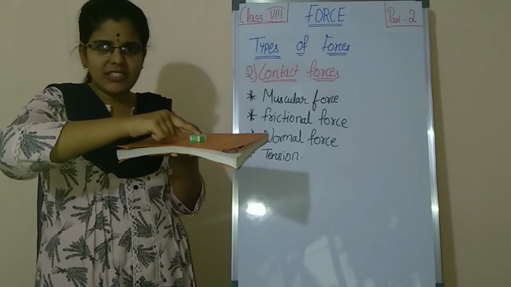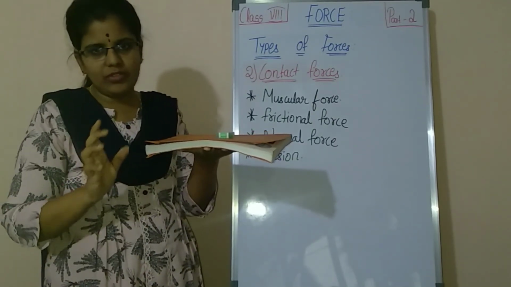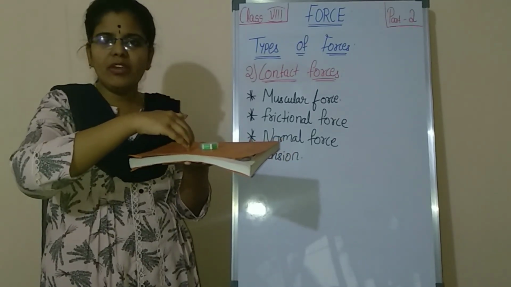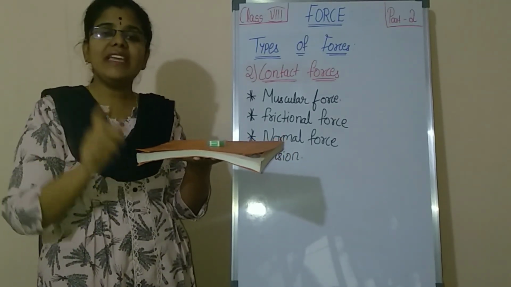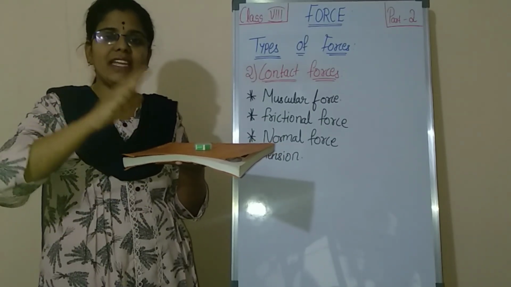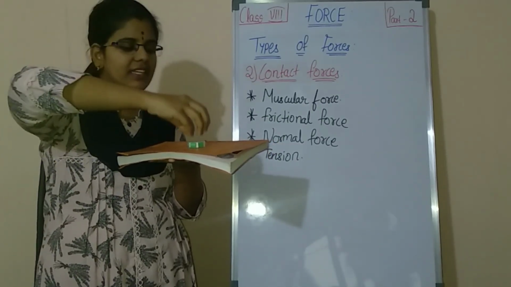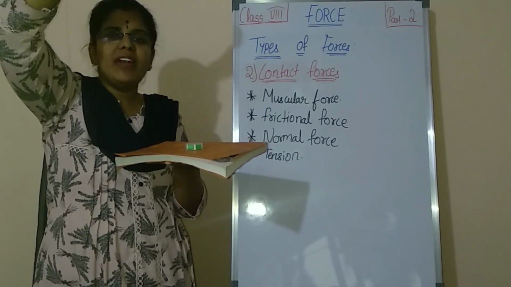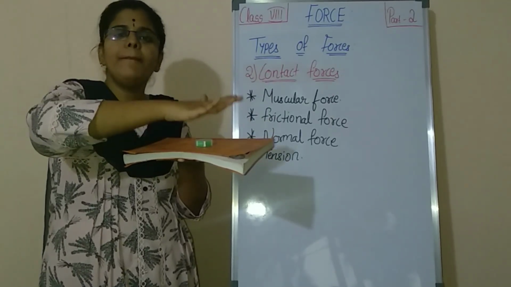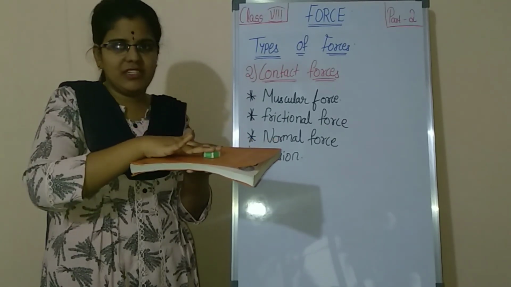Due to the gravitational force, it is going in the downward direction. But is it going inside the earth or inside the book? It is not going. So why is it not going? Because there is some force which is acting in the opposite direction, pulling towards the upward direction. That's why it is held onto the contacted object.